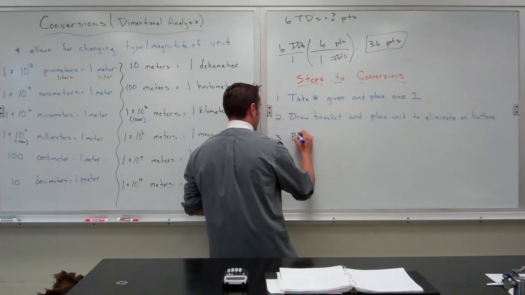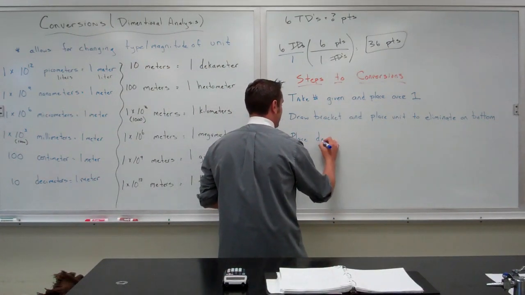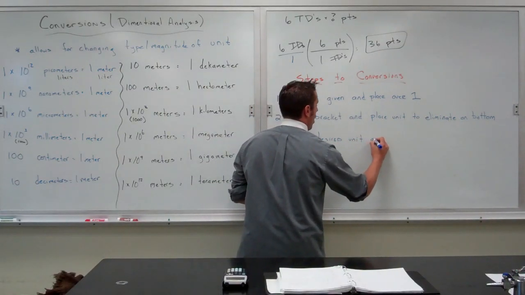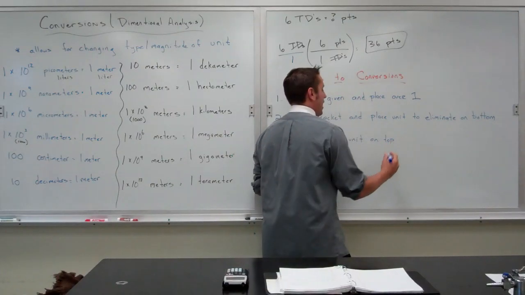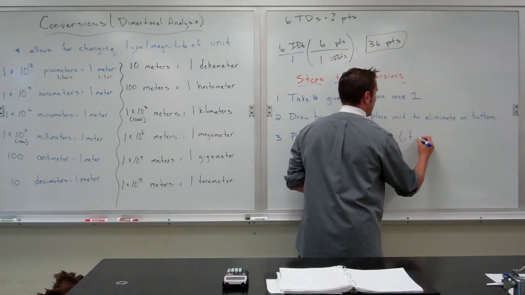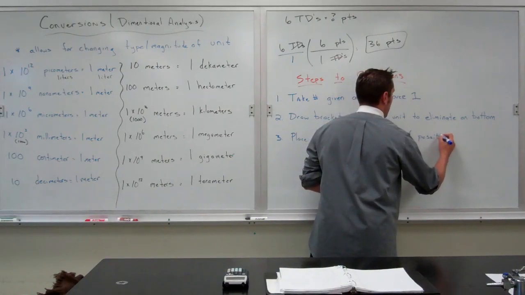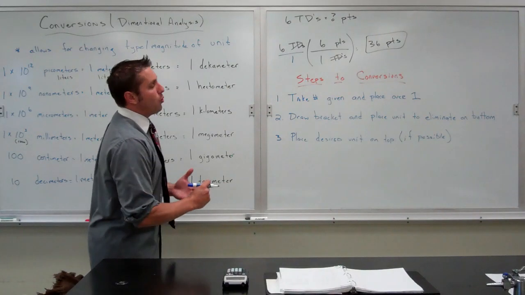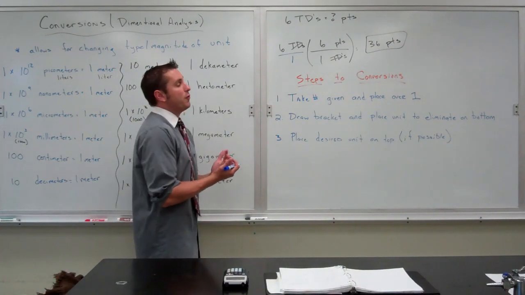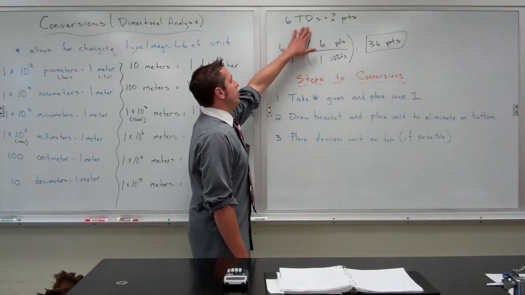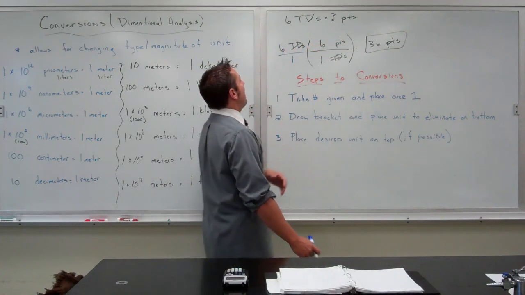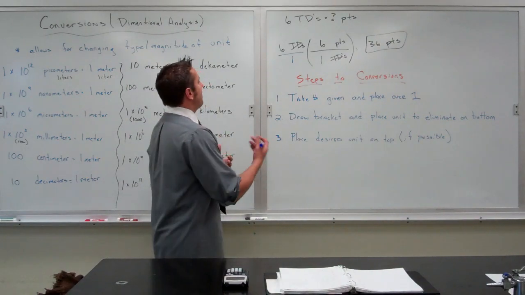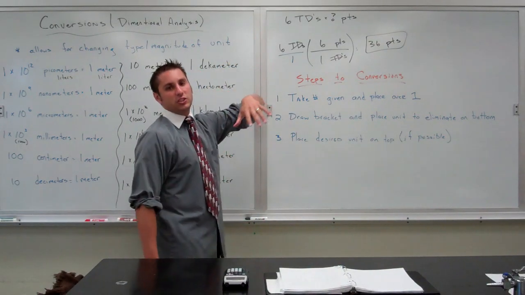So place desired unit on top, and then in parentheses here, I'm going to write if possible. There will be times that we cannot do our conversion in just one step. For instance, instead of asking you to go from touchdowns to points, if I asked you to go touchdowns to field goals, some people may have trouble figuring out how many field goals 6 touchdowns are.